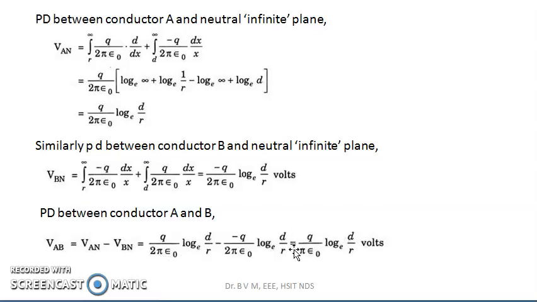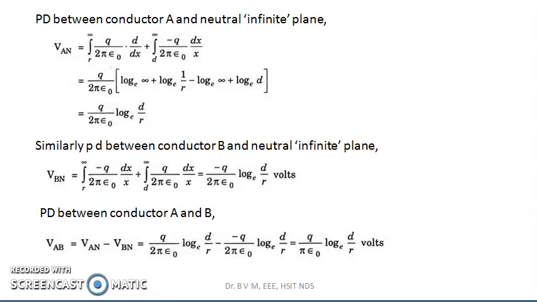This is the potential difference between conductor A and conductor B, which is q divided by pi epsilon naught log of d by r volts.